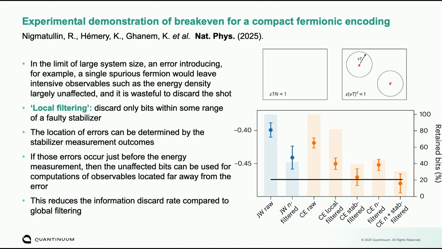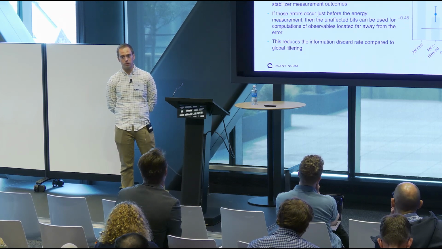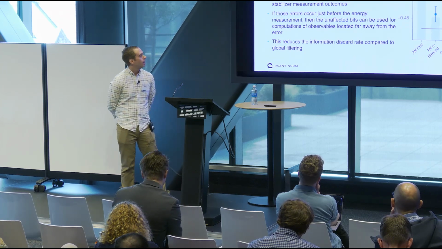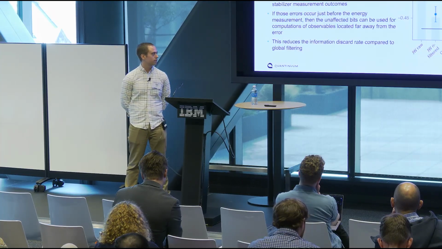And then on the bottom right, we show two useful pieces of information in one. The data points with error bars show essentially the quality of the data, and so being closer to the black line is better. The bars behind them show how many of the bits we were able to use, in terms of percentage. For the raw data, of course, we were able to use 100% of the bits.